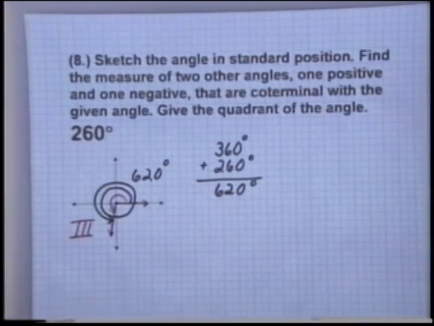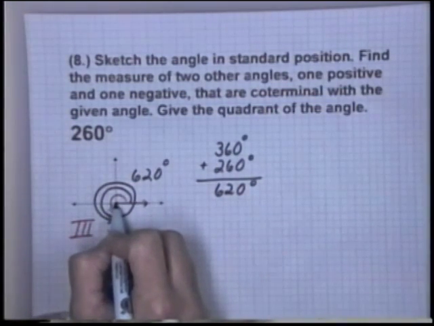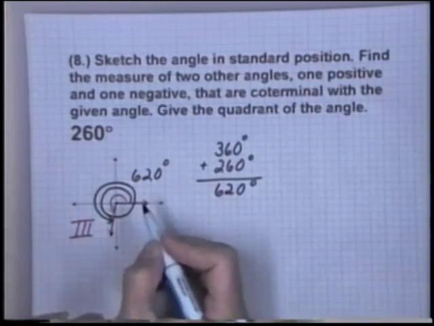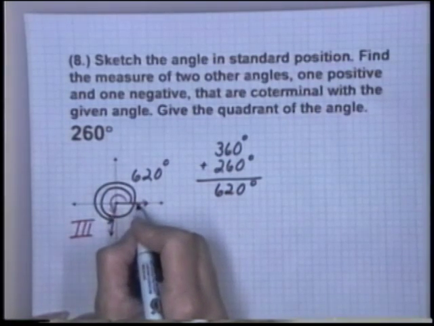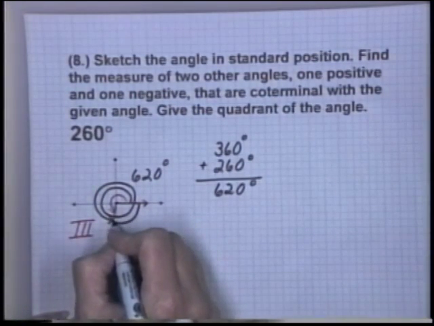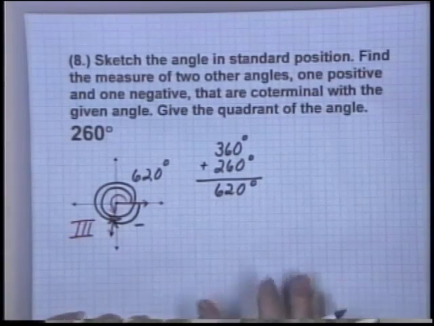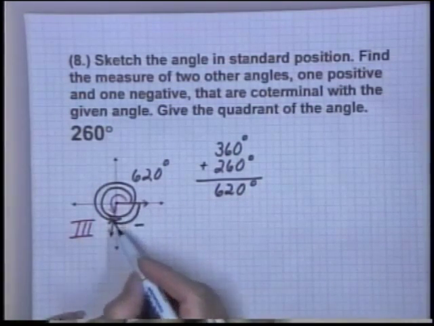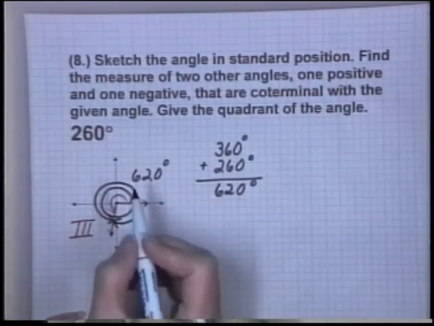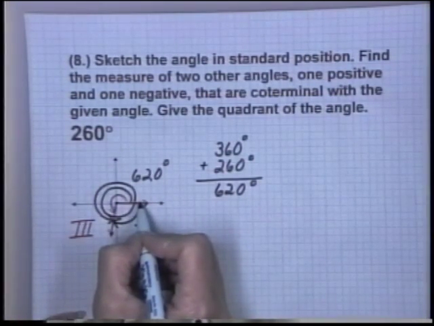Now let's get a negative angle here. Remember, coterminal means same initial side, same terminal side. So for my negative angle, I'm going to rotate my initial side in a clockwise direction, and so I know the angle will be negative, but I need to figure out how many degrees I rotated. Now we know that all the way around is 360.